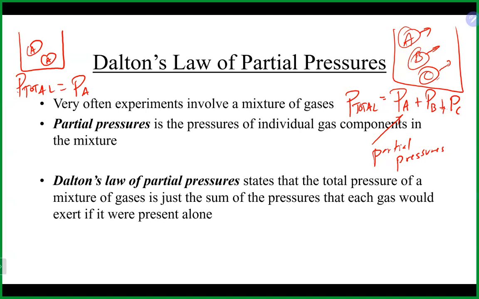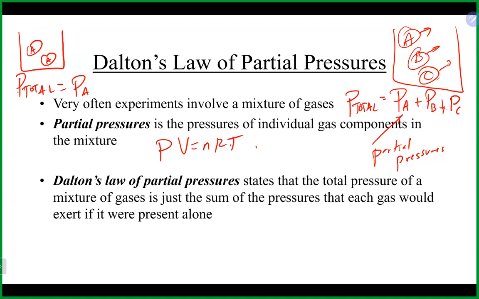Probably one of the most common ways that we can solve for the partial pressures of a gas is, frankly, just to use the ideal gas law. Because in an ideal situation, we can assume it's almost like each gas is in there by itself.